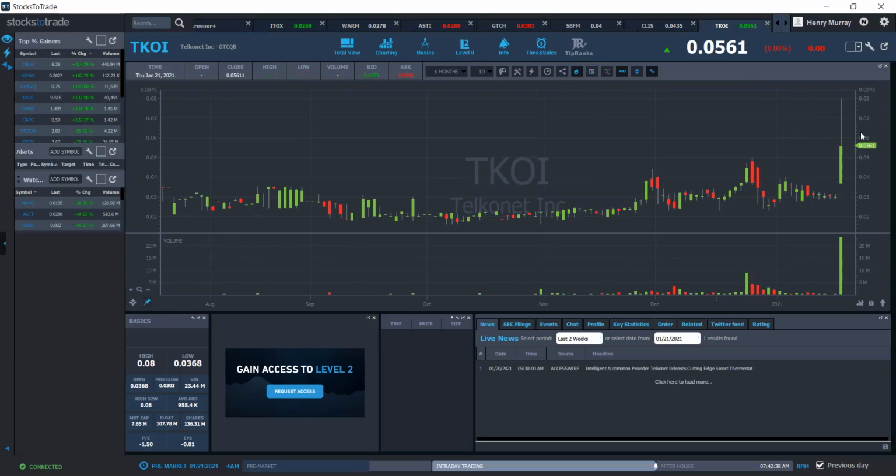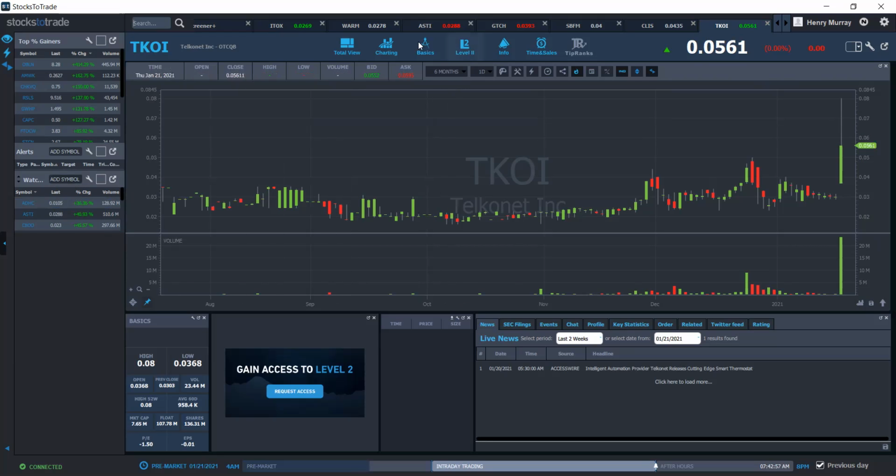Big volatility, big green candle, supported by big volume, significant volume over the previous trading days. So I'll add this one to my watch list as well. And this is TKOI.